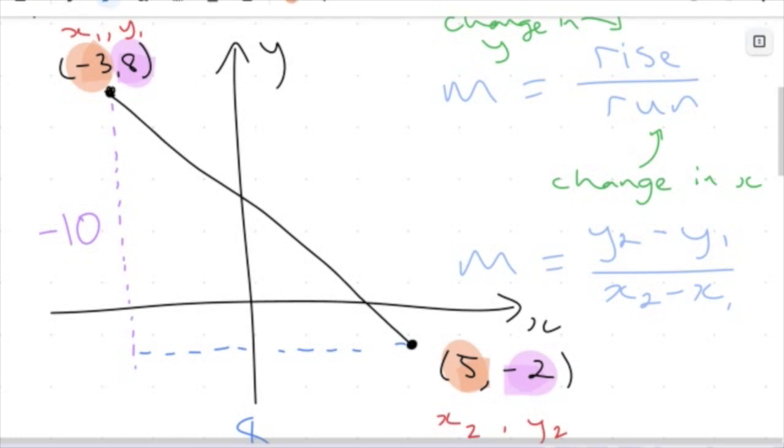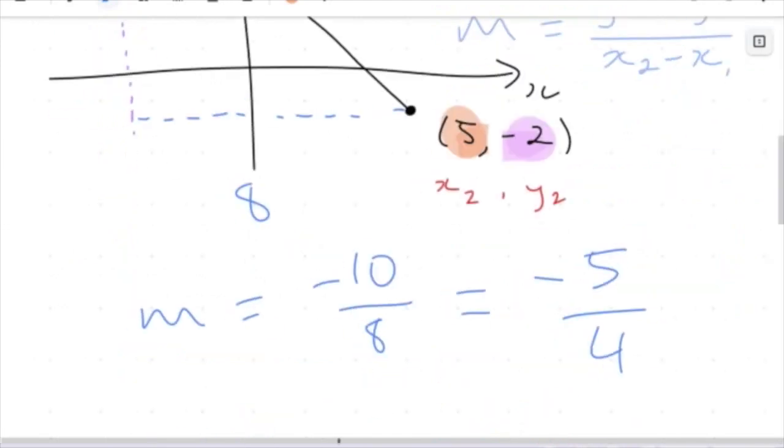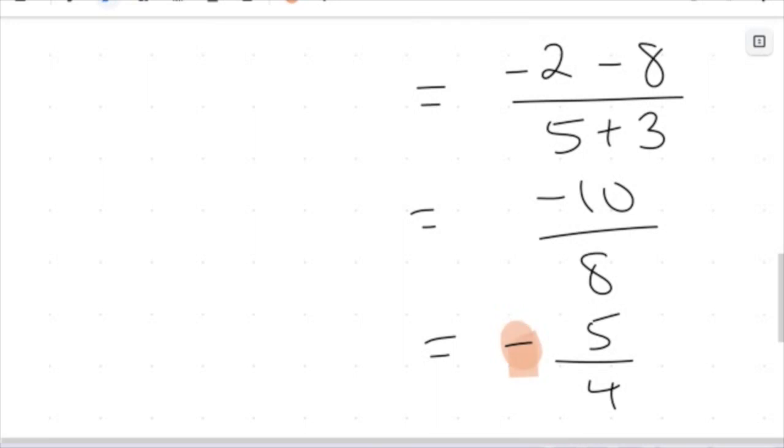And we did that by subtracting one from the other. Now I did, for example, minus 2 minus 8. Or I could have done 8 minus 2, and then when I did the same thing with my x's, I still would have gotten a negative. So I still would have gotten this negative sign of my gradient here.